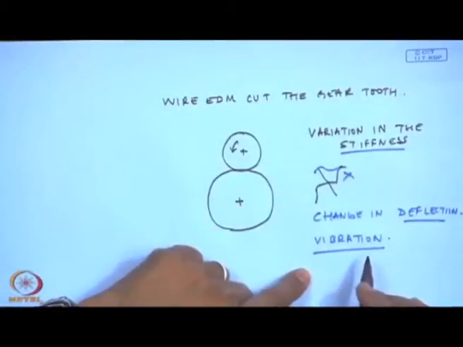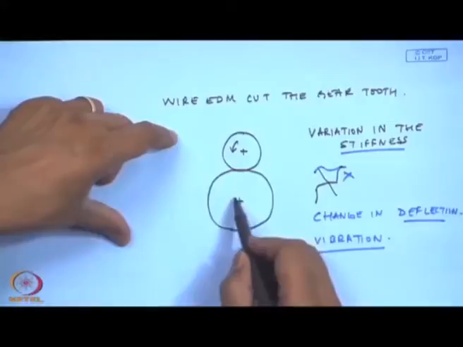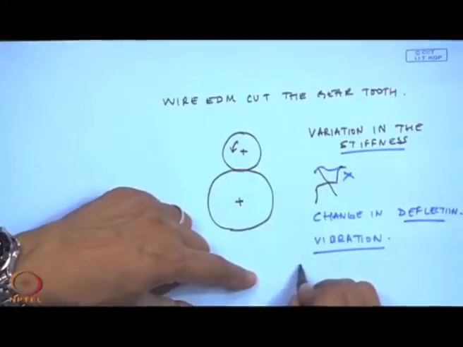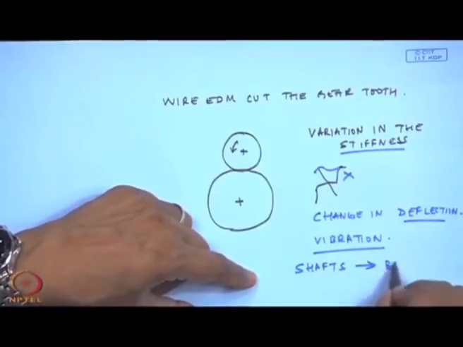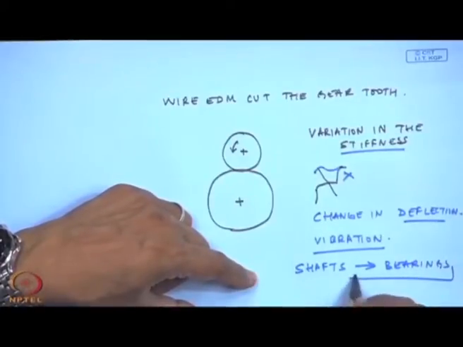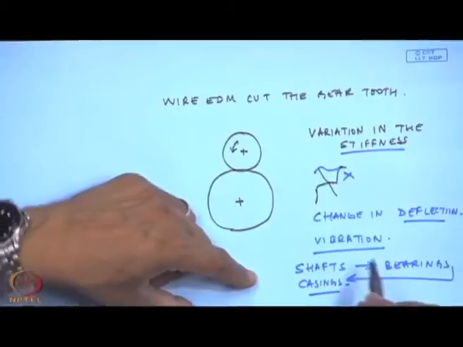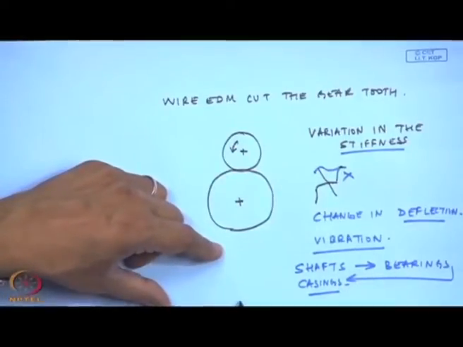Other is the vibration in the gearbox, and this vibration is transmitted to the shafts which are mounted on bearings, and then conveyed to the casings, and on the casings we can mount our transducers or accelerometers.